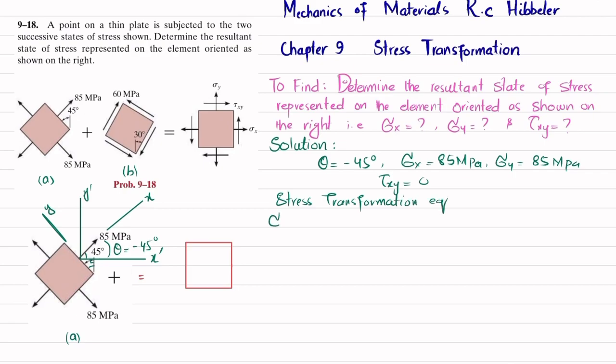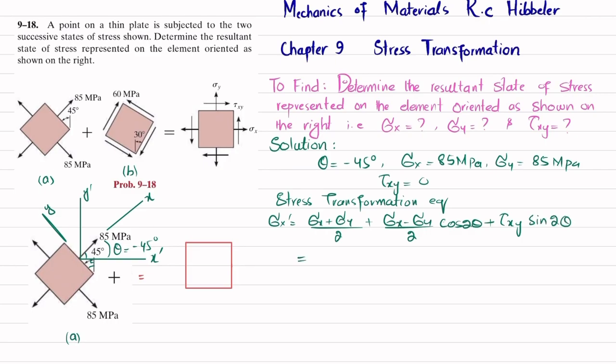our new stress in x dash direction will be equal to sigma x plus sigma y divided by 2 plus sigma x minus sigma y divided by 2. This is minus, not plus. So you have to memorize these formulas, into cos of 2 theta plus tau of xy sine of 2 theta.